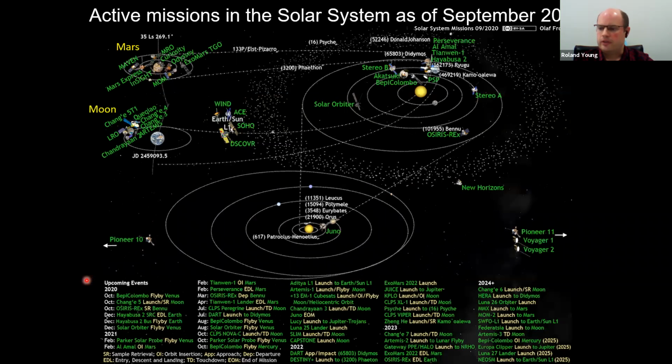You can see the inner solar system, various spacecraft around the moon, and several spacecraft exploring Mars. The two I'm going to talk about today are both Mars missions. One has arrived and has been there for a couple of years, and the other, the Hope probe from the UAE, is on the way.